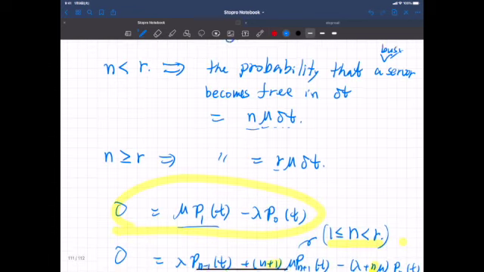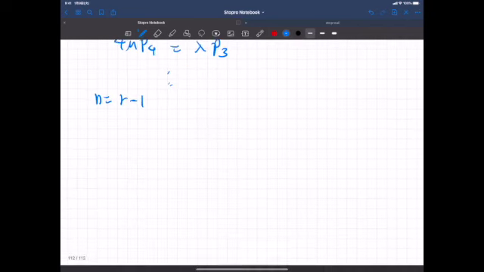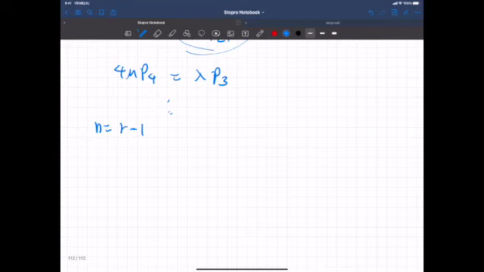Okay, so because the second equation holds for this range of n. So at that point we should have r mu Pr equals lambda P(r-1).